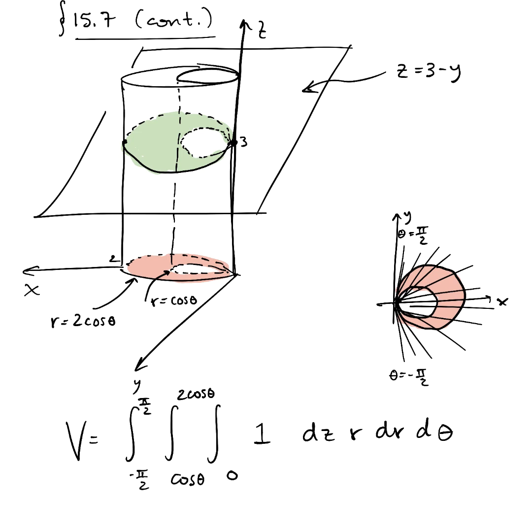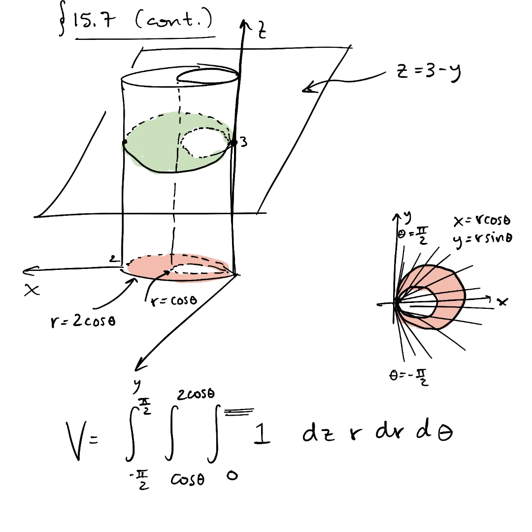Okay, though you may want to write for the upper limit of integration right here, you want to say, oh, okay, awesome. So z goes 0 up to 3 minus y. Yeah, that's true. But how is y being described in cylindrical? So remember, in cylindrical, x is r cos theta, and y is r sine theta, because x and y are being described in polar, flat in the xy plane.